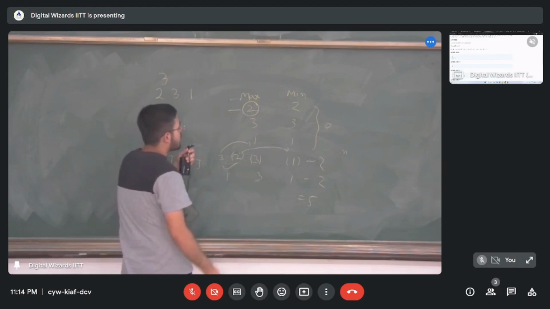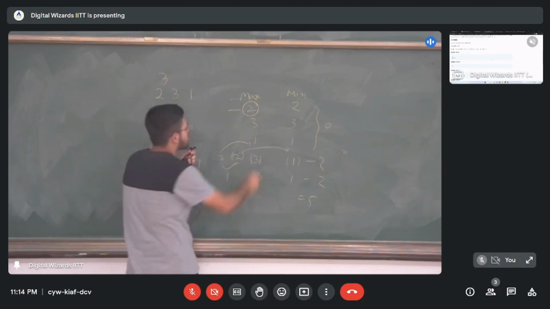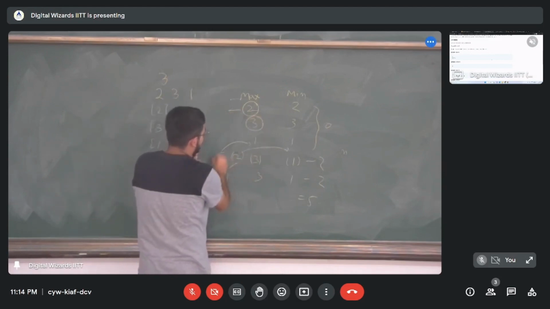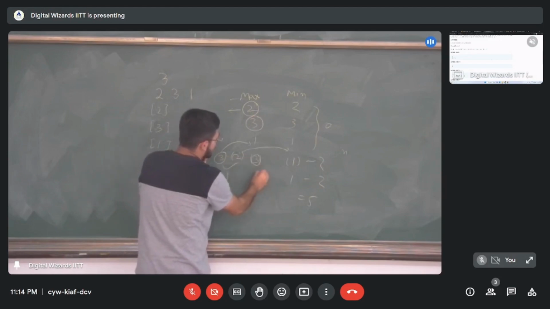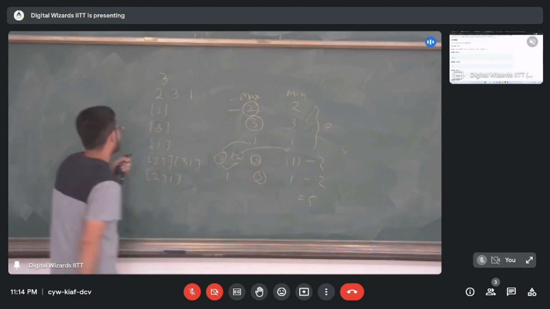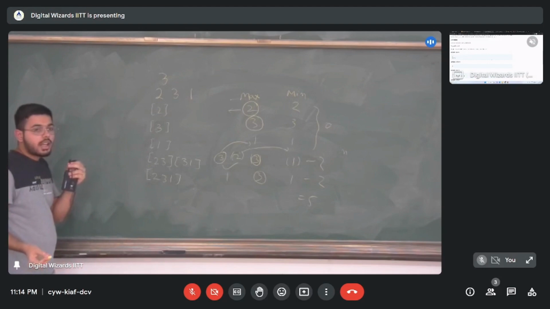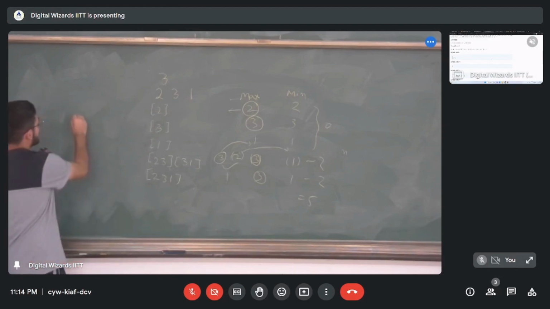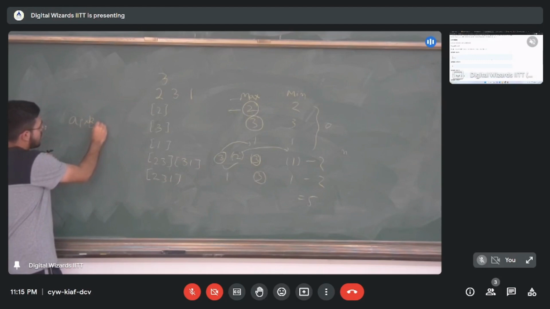Suppose I say, in how many arrays is 3 the maximum? So these are the arrays, right? There are 4 arrays. And suppose I know in how many arrays that element is maximum. So let's say ai is maximum in some k arrays. Then I just multiply the number of arrays with ai.